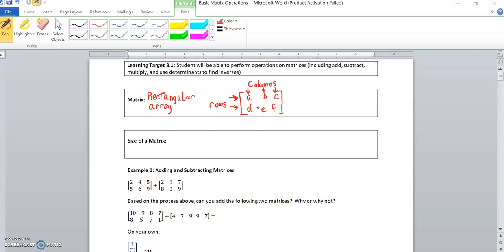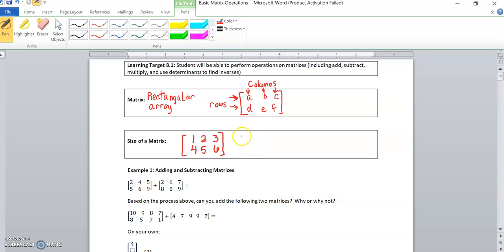In fact, we define the size of a matrix. So in that case, let's say we had 1, 2, 3. So here's our matrix, and our matrix is made up of 2 rows and 3 columns.